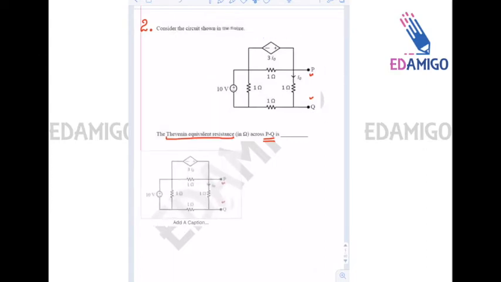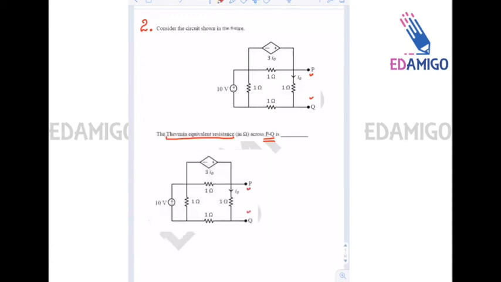Since in the circuit there is a dependent source, that is 3I0, and an independent source of 10 volt, to find RTH we short circuit the independent voltage source. And since the circuit has a dependent source, to find the Thevenin resistance we will have to follow a method.